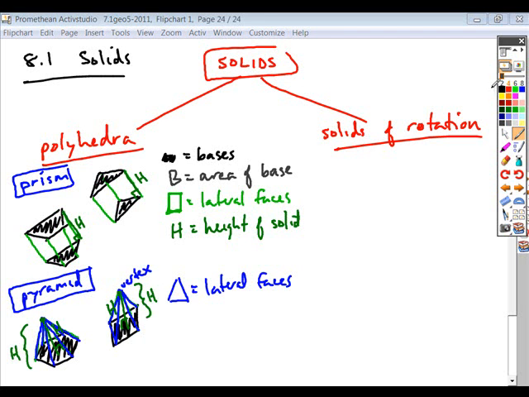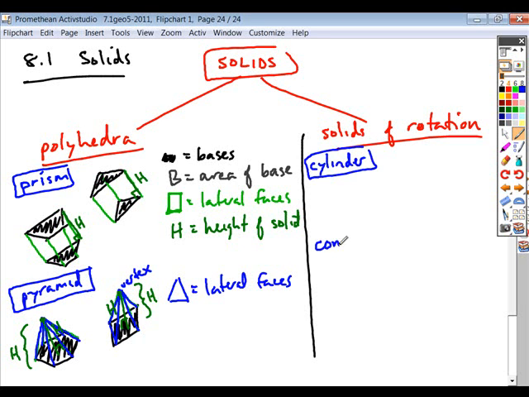The other solids that you need to be aware of are cylinders, cones, and spheres. When you're dealing with a cylinder, it's very similar to the prism in that it has two parallel and congruent bases.